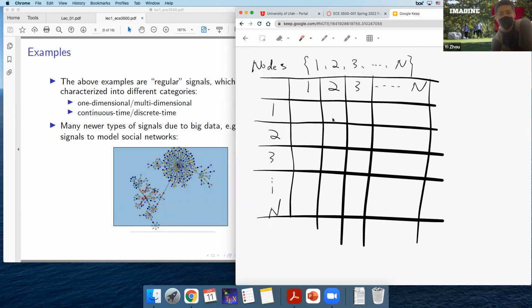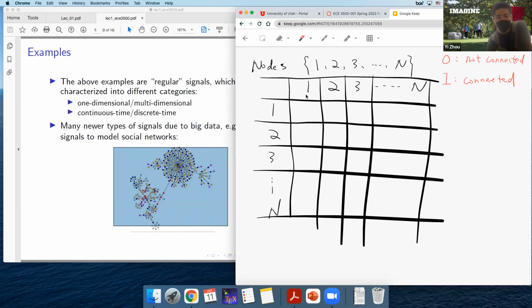So what we need to do is fill in the blank entries. For example, we can say 0 means not connected. Looking at this graph, if two nodes are not connected, we can put a 0 there. If they are connected, we can put a 1.